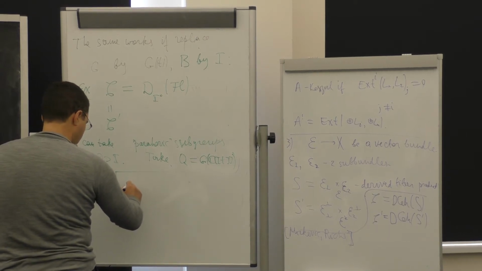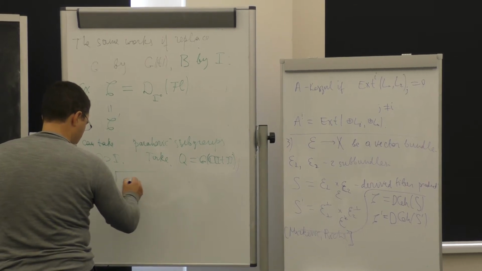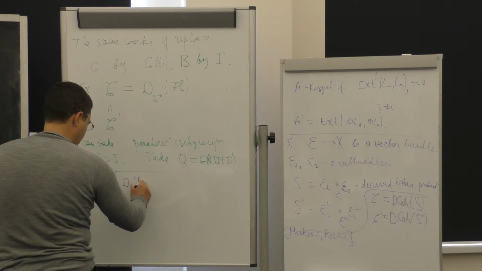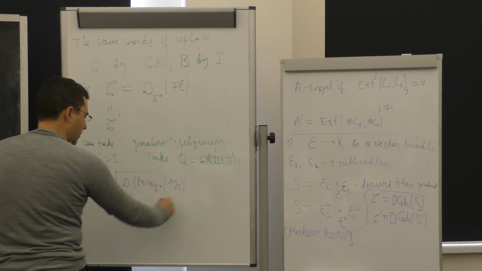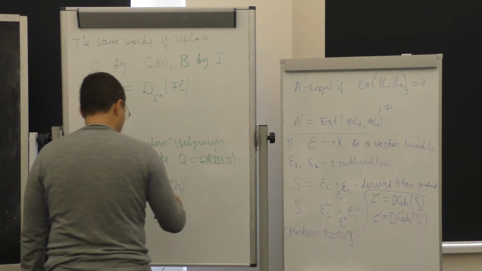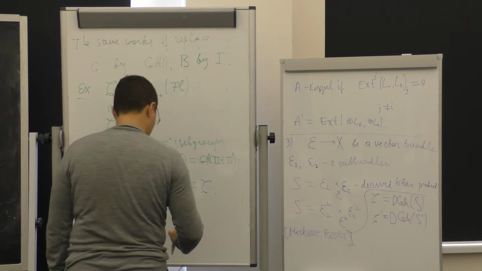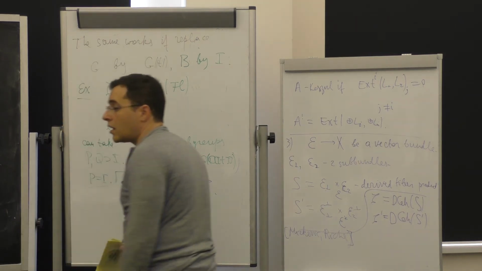On one side we'll have a derived category of I naught equivariant sheaves on the affine Grassmannian. That's exactly what I talked about yesterday. And so this will be C.